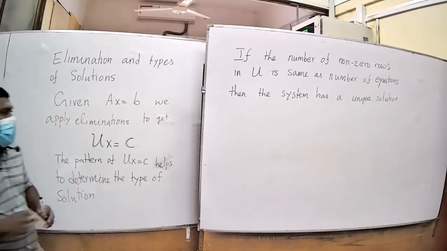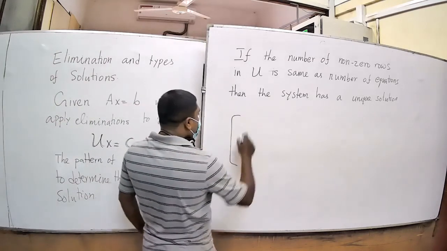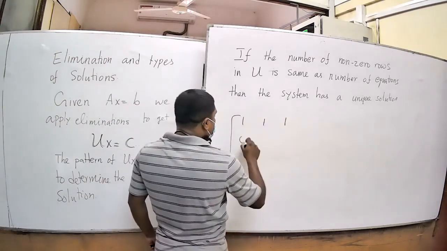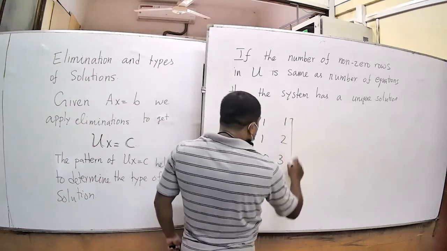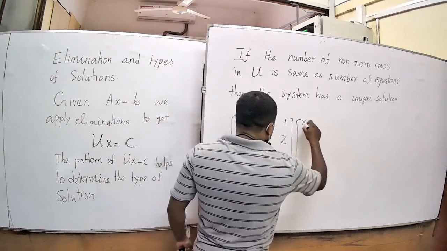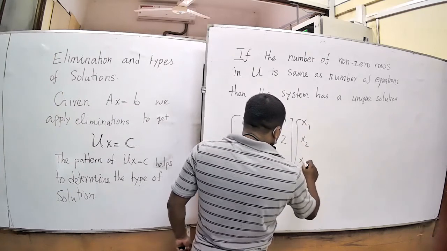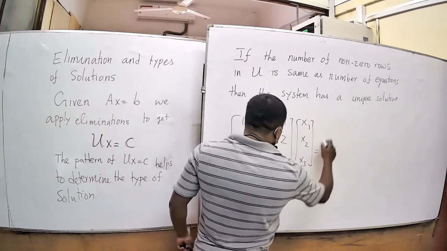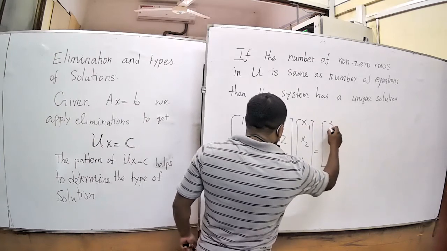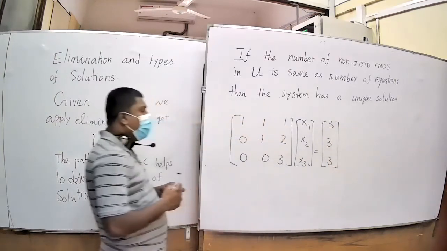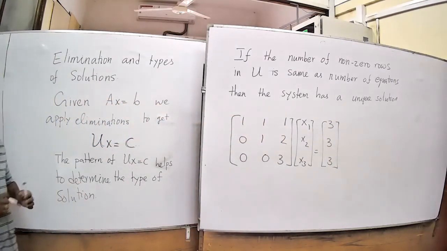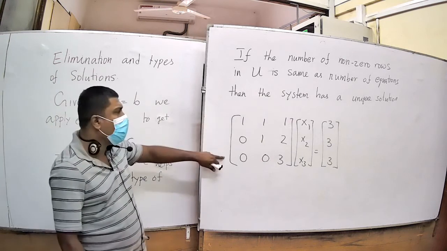So this is an example. Right, so if you have a system like this, when you convert the system Ax equal to B, if you end up with a system like this, you know that there are 3 rows, right?